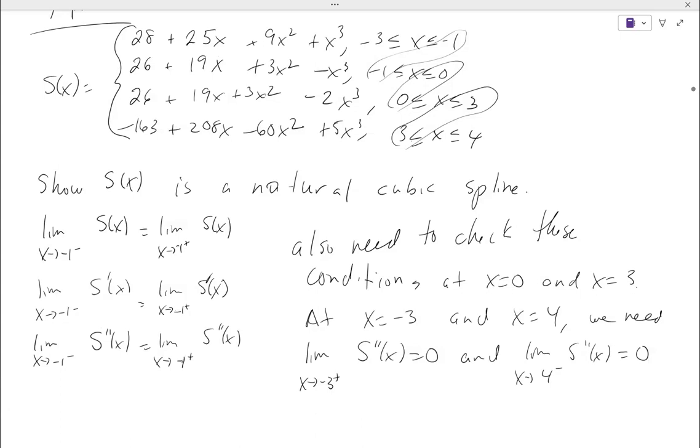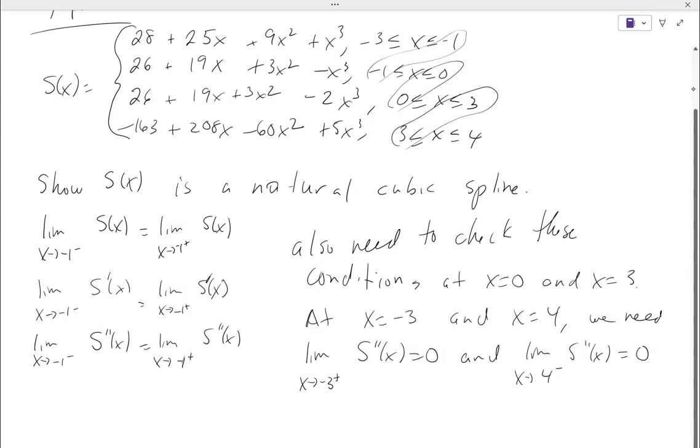Right now they're giving us the function, and we're checking it. I can't make that particular function do something that it's not already doing. But when we're trying to solve for one ourselves from the set of data points, then we can force it that way.